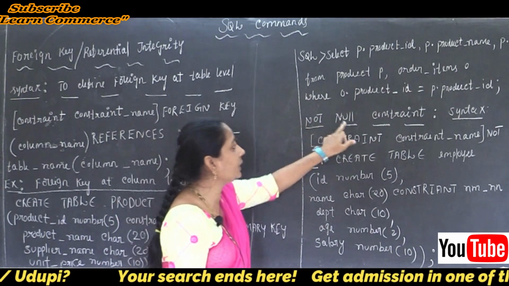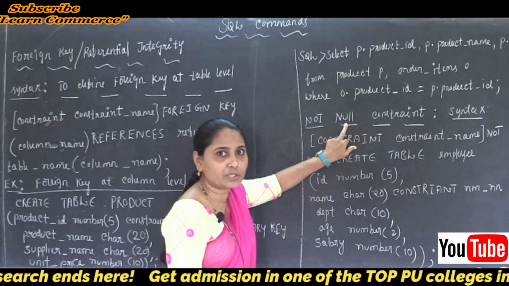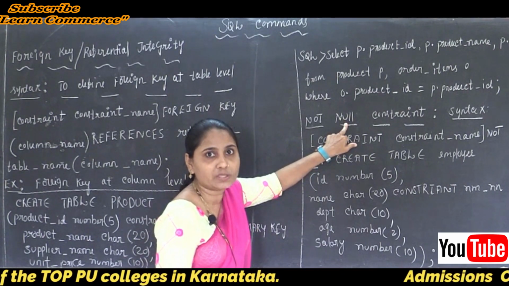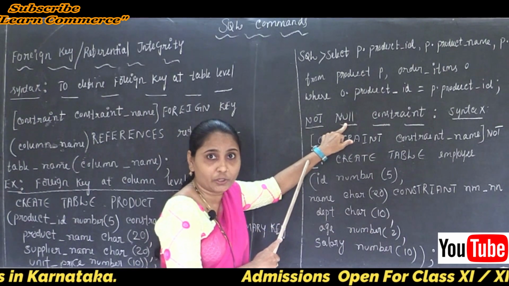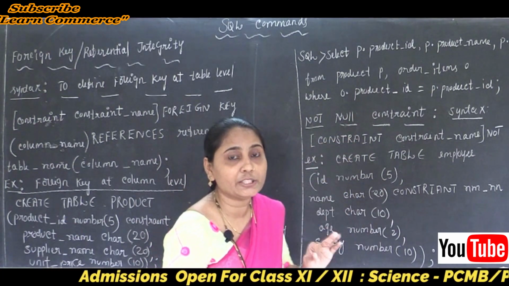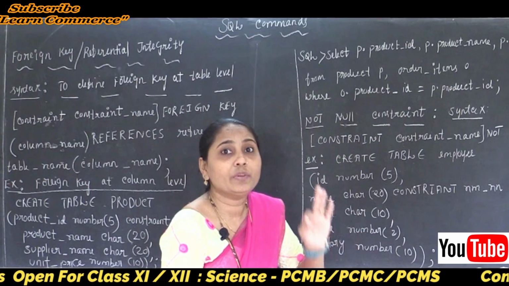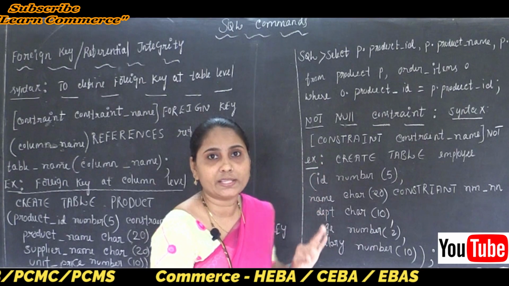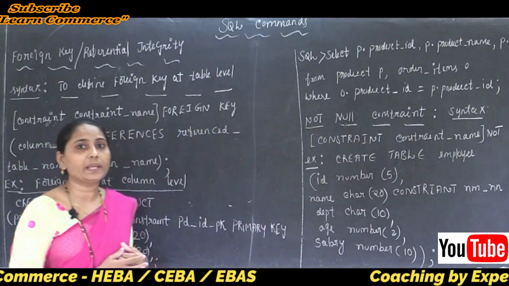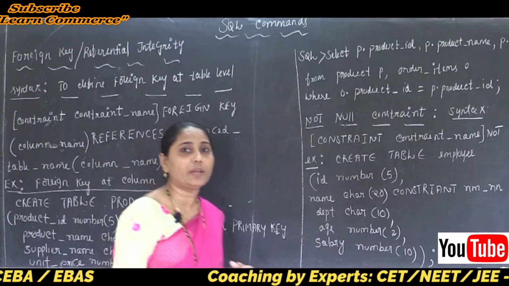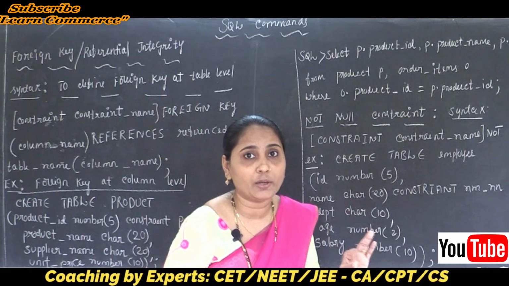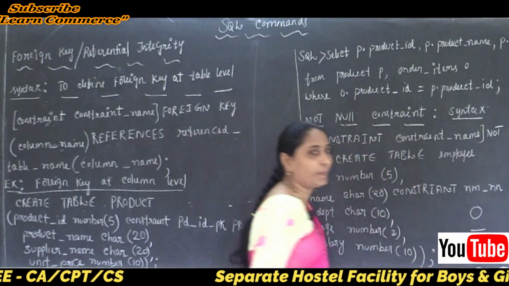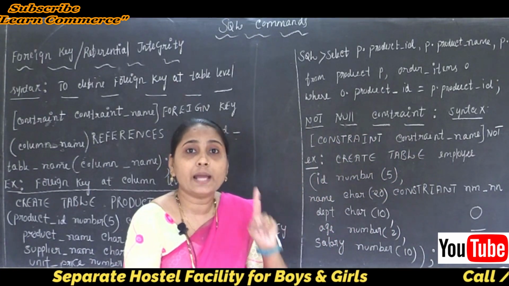That means not null. Whatever value we are using in each column of a table, to the column where we apply the not null constraint rule, we need to enter values, which is specified as not null, which means a null value is not allowed. So what do you mean by a null value? The meaning of the null value is a missing value, a blank value. If you are using 0 or minus, it is not called the null value. Why?